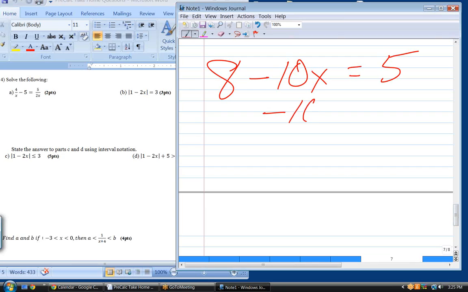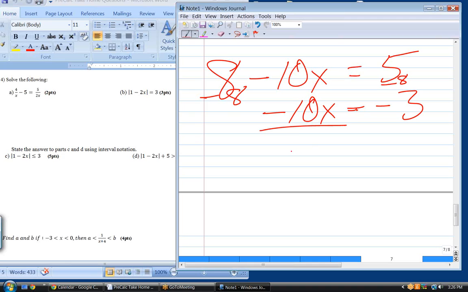It means I got minus 10x equals 5 minus 8, which is minus 3. What's the next step? In other words, all I did was subtract 8 from both sides. Right, exactly. And then we divided.